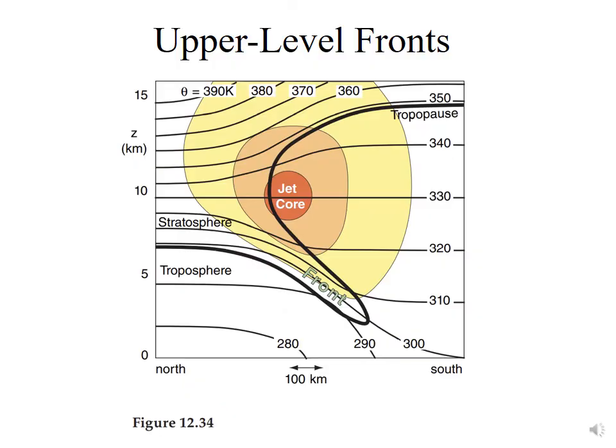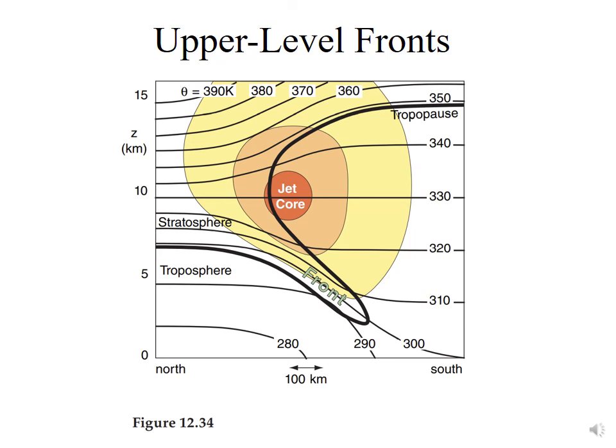Another way to get an upper level front is associated with air that's moving around the jet stream. So recall that the jet core is actually the strongest winds in the jet stream, typically happens right at the tropopause boundary.